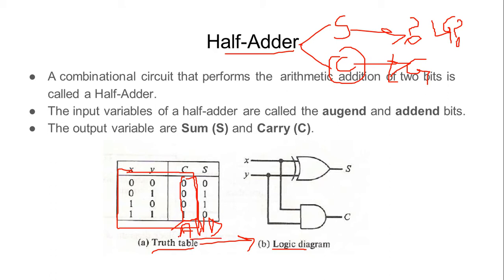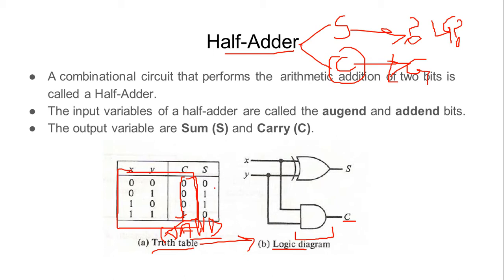AND is nothing but the multiplication of two numbers, right? So 0 multiplied with 0 is 0, 0 multiplied with 1 is 0, 1 multiplied with 0 is 0, and 1 multiplied with 1 equals 1. So that is why I am assuming that when I do the AND of x and y, I will get the carry as an output.